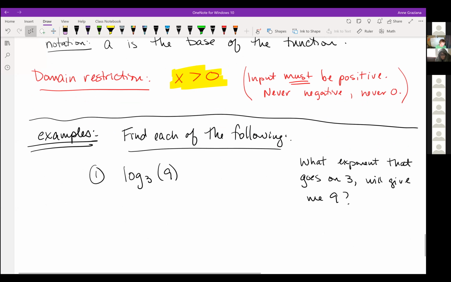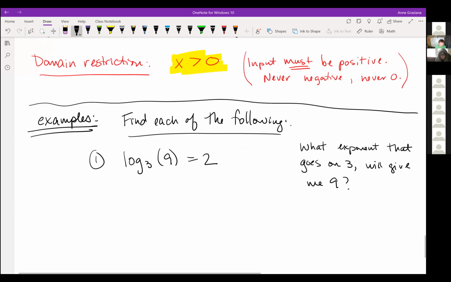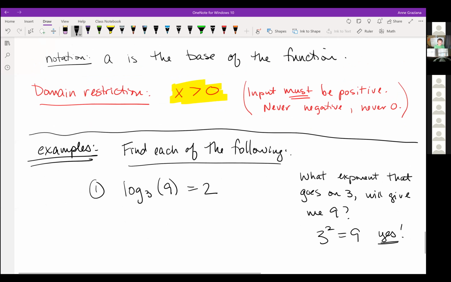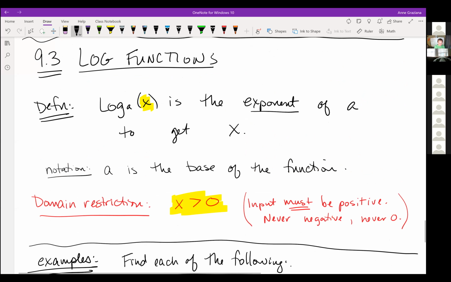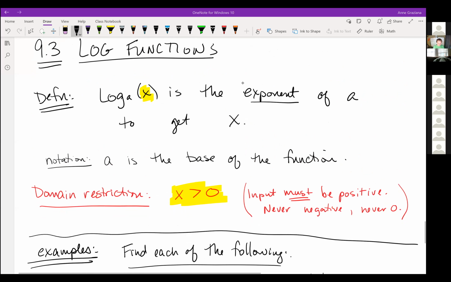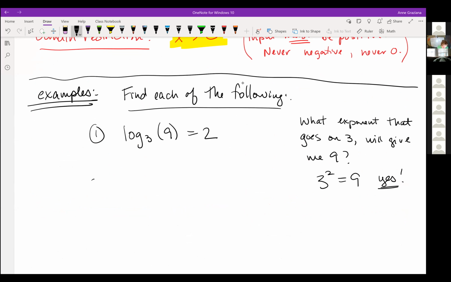So I see in the chat, people are saying 2. Yes, makes sense. 3 squared is 9. So it's the exponent you would put on the base to get that number inside the parentheses. That's what we set up here. It's the exponent on a that will give you x.